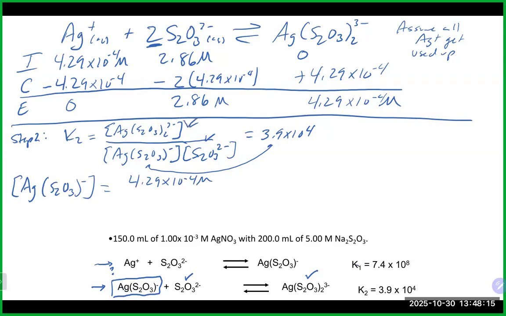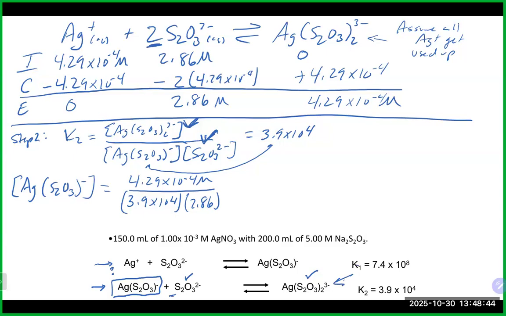That is this guy's concentration, divided by my K value that I brought over, 3.9 times 10 to the 4, and this guy's concentration here from our table, 2.86. I do not need to square that 2.86 because I am not using this equation. I am using this equation where it is a coefficient of 1.